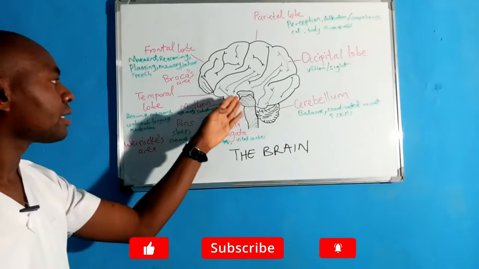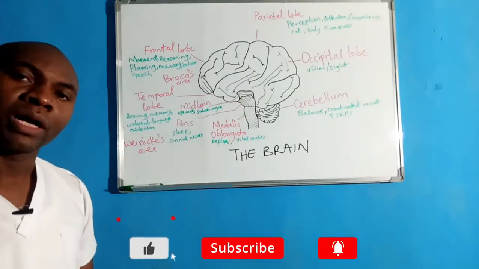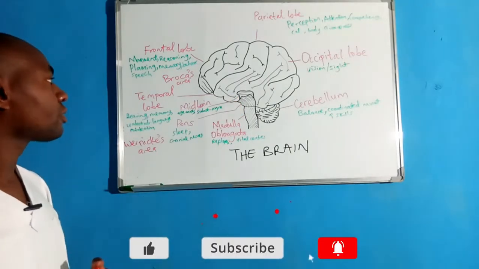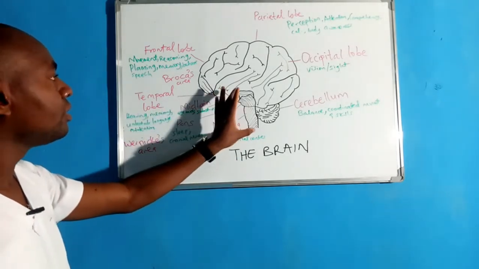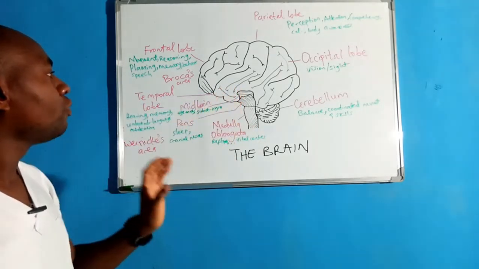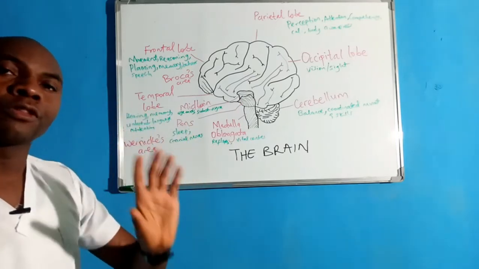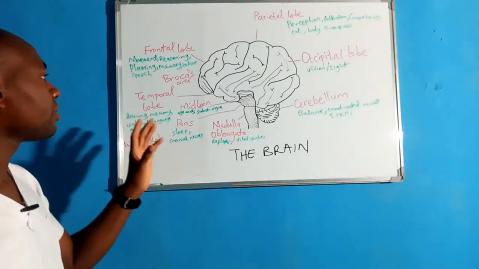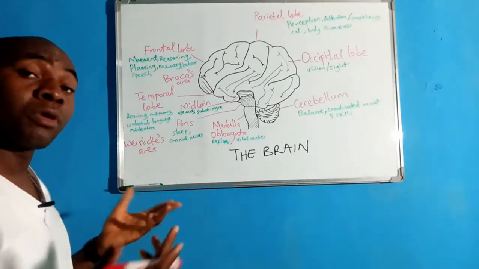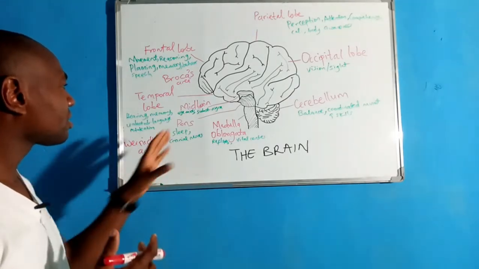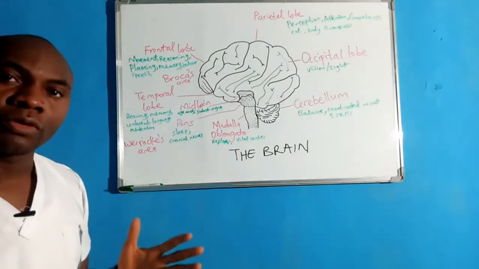Now let's go to the next part of the brain, which is called the brain stem. The brain stem is just a little part in the brain which controls vital functions in the body. Take, for example, our breathing, our blood pressure. All these are things that the brainstem controls.